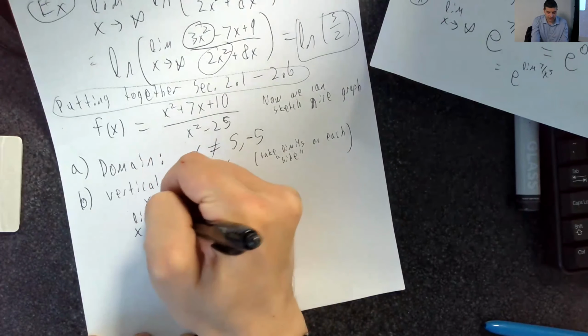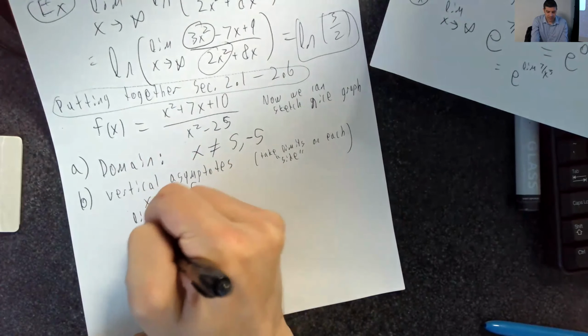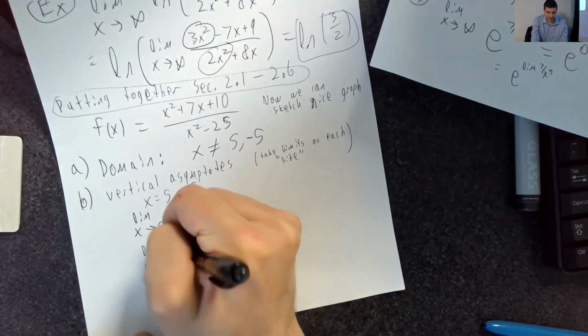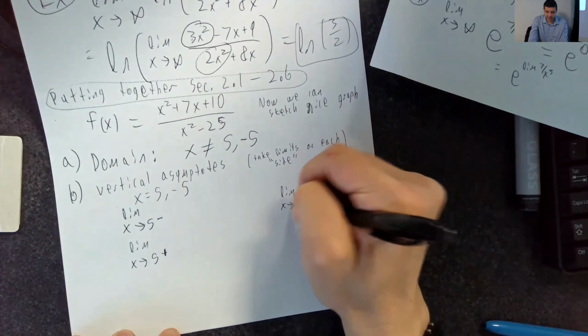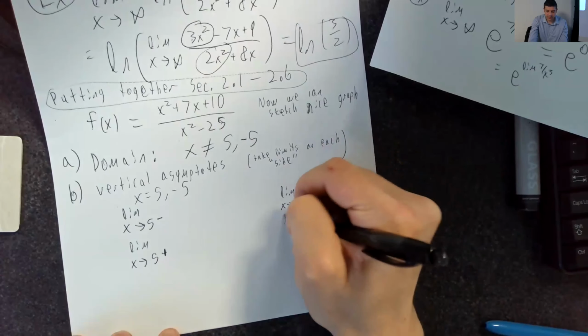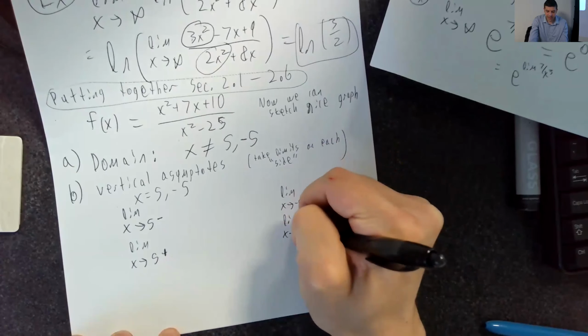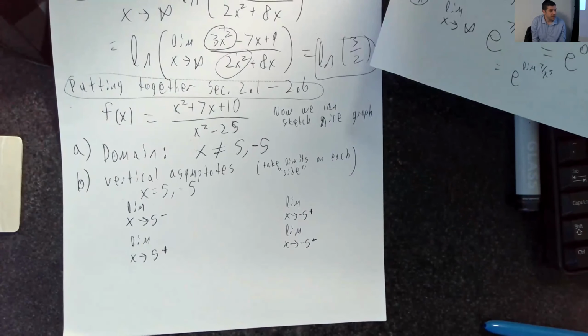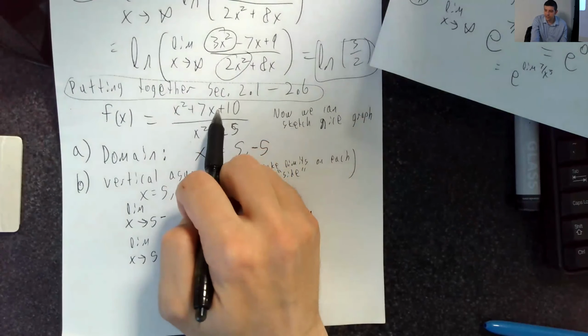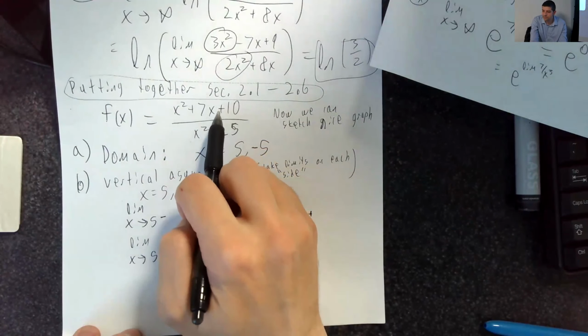x goes to 5 from the left. x goes to 5 from the right. You'll need to do x goes to -5 from the right and -5 from the left for every single case. Okay. And it'll help you to factor. So we could factor this.